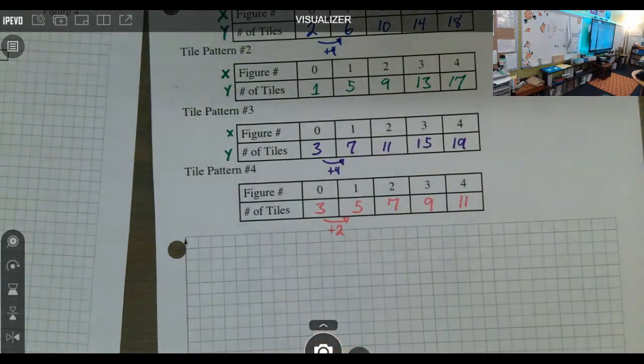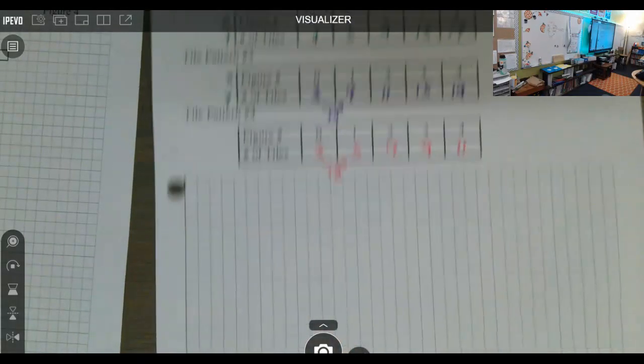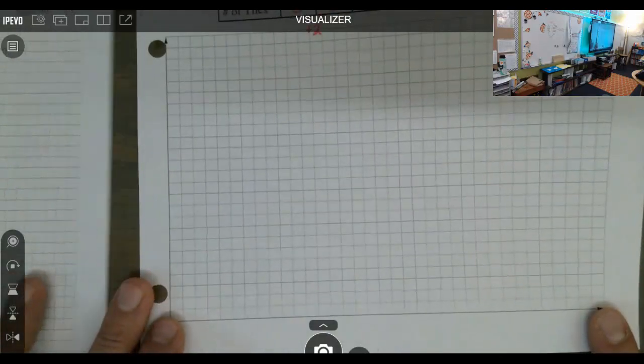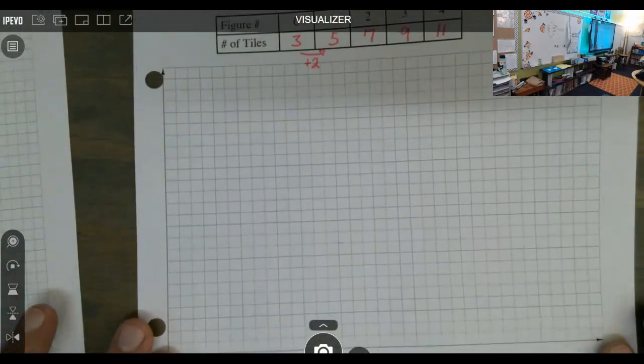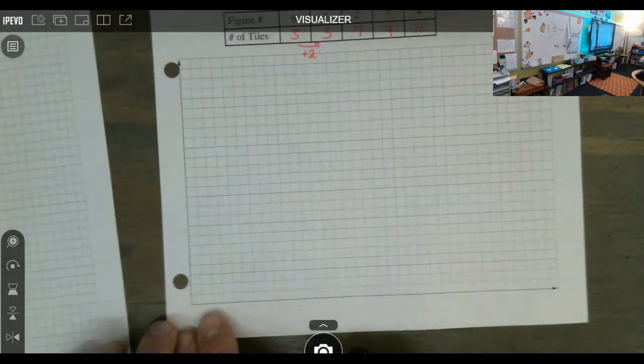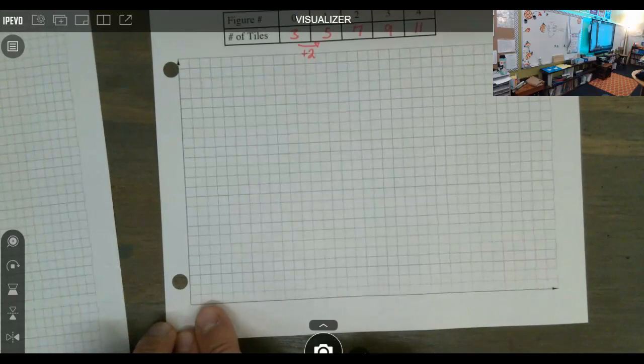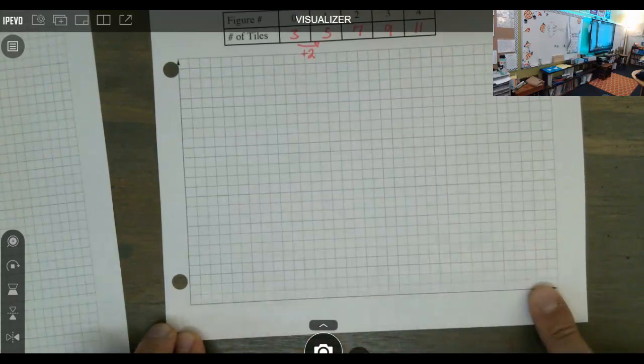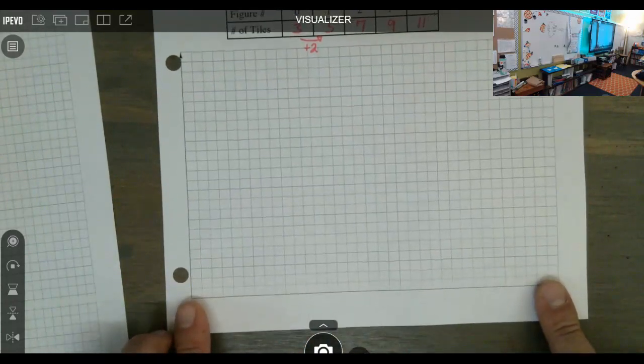Hey, let's make an agreement. Let's try to use as much of our graphs as possible when we graph things. So, what I need someone to do, if somebody might have already done it, is count how many squares we have on the x-axis.